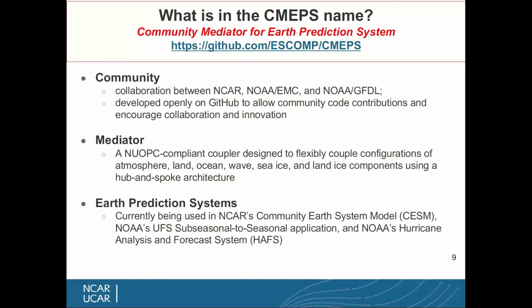And the term Earth prediction systems is that NCAR in particular is moving away from just restricting what we do with Earth system modeling for climate, but also targeting Earth prediction, seasonal to, and not sub-seasonal in our case, seasonal functionality, but NOAA is targeting sub-seasonal to seasonal functionality. And so CMEPS is being used not only in their seasonal application for the Unified Forecast System, but also in the hurricane forecast systems, where we are putting moving nests into CMEPS.